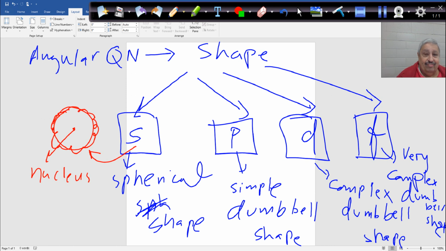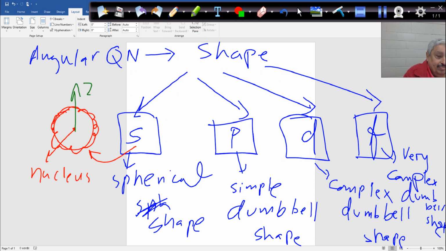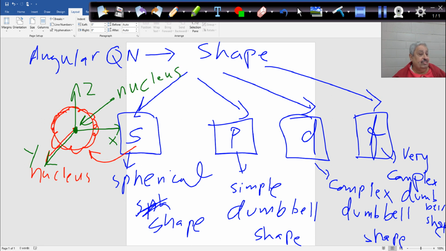So if this is my Z-axis, this is my X-axis, and this is coming to me, my Y-axis, the nucleus is here, correct? The electrons as a whole density are moving in a spherical way around the nucleus. That's the S shape.